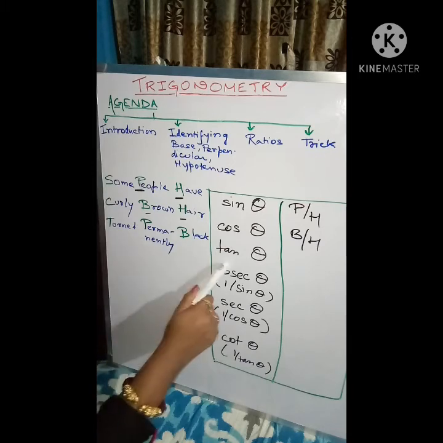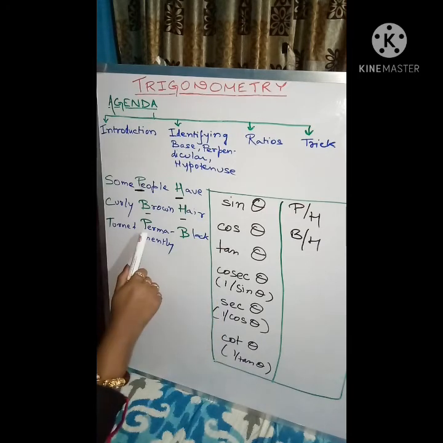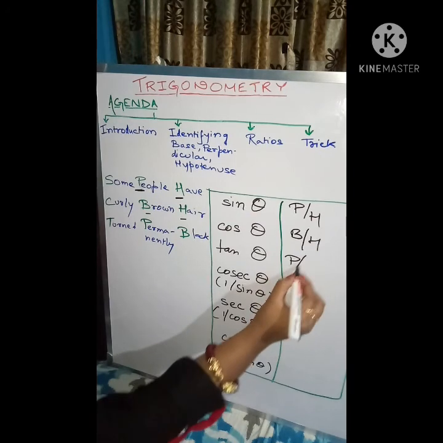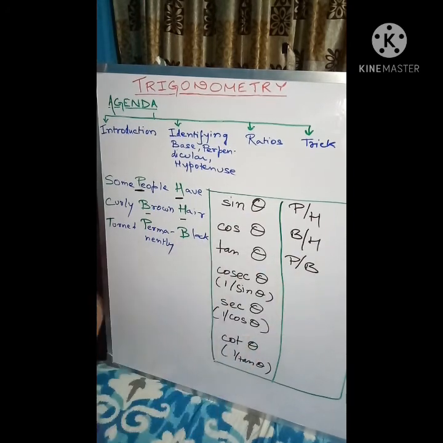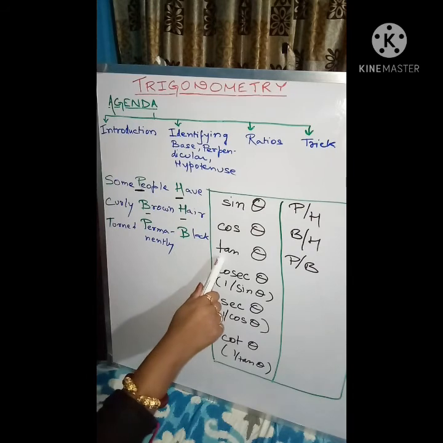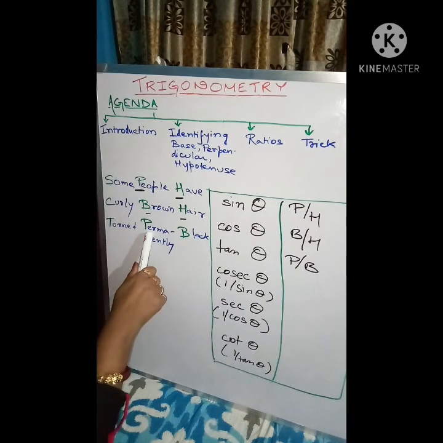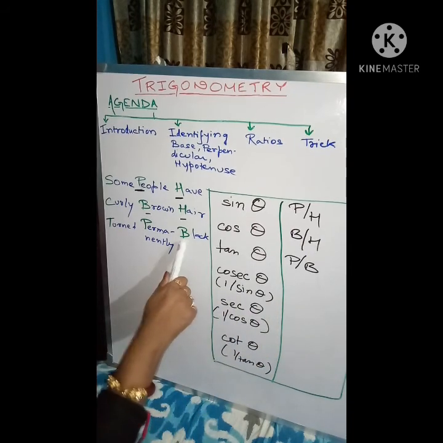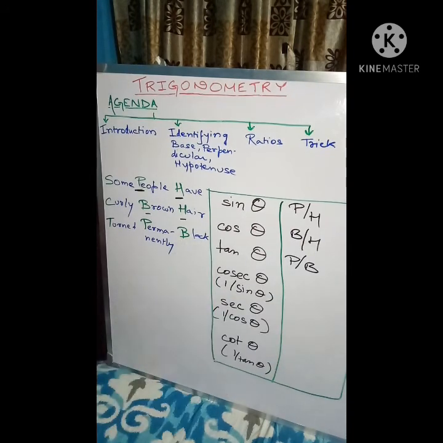Now see, your tan theta will be P by B, that is perpendicular by your base. T for turned, T for tan, P for permanently, P for perpendicular, B for black and B for base. Let me say it once more.